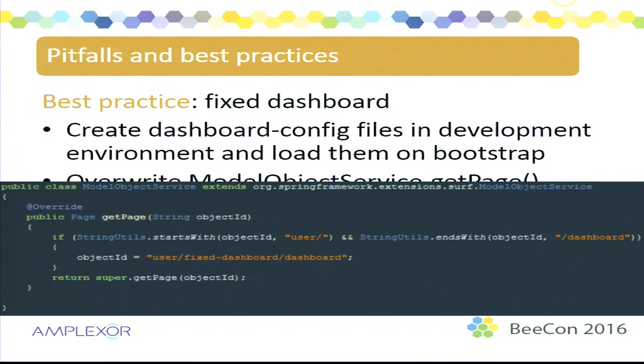Remember, this is the class only in one share. So the out-of-the-box share doesn't do this, and it's going to use the configuration files for that specific user, while your customized share is redirected to your fixed configuration files.